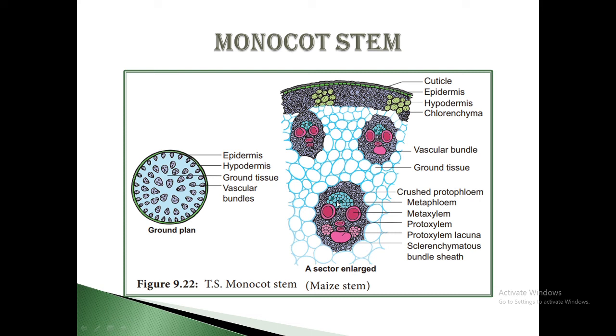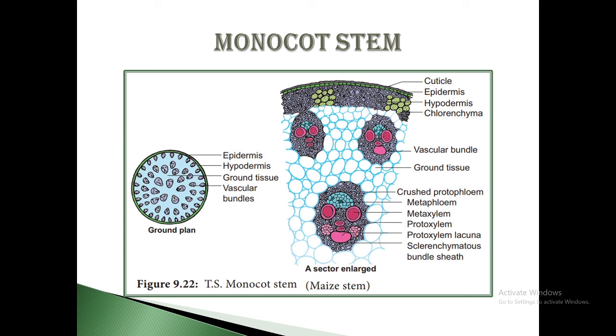Now, what about the primary phloem? The primary phloem consists of sieve tubes and companion cells. The phloem parenchyma is altogether absent in most monocots. The outer phloem is a broken mass, and this broken mass of the outer phloem is known as the crushed protophloem.